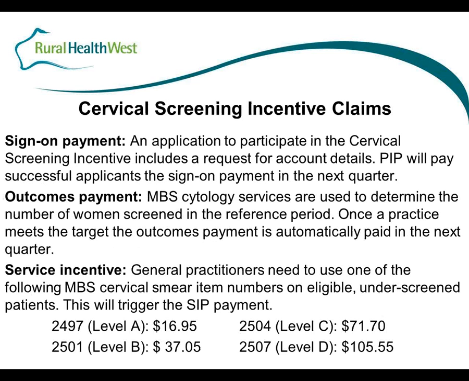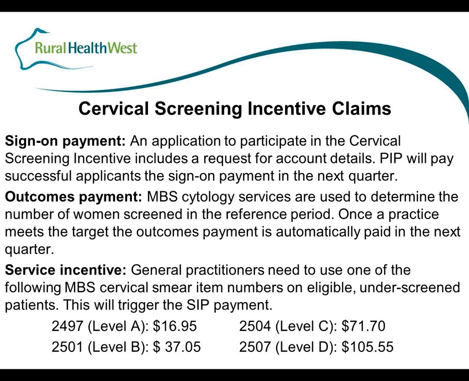An application to participate in the cervical screening incentive includes a request for account details. The Practice Incentive Program will pay successful applicants the sign-on payment in the next quarter. MBS cytology services are used to determine the number of women screened in the reference period. Once a practice meets the target, the outcomes payment is automatically paid in the next quarter.